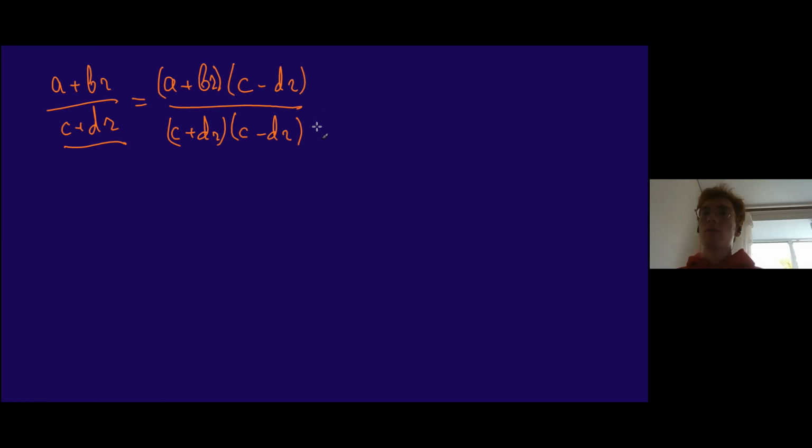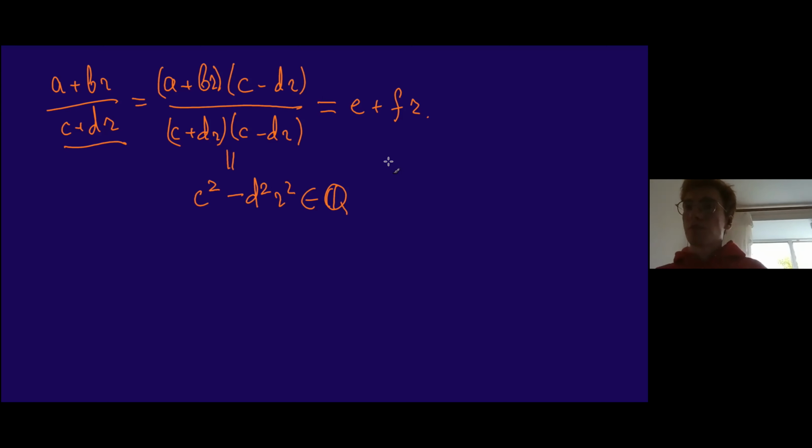The denominator now becomes a difference of squares, which is rational. Consequently, this big fraction is of the required form, because the numerator is of the required form and the denominator is rational.